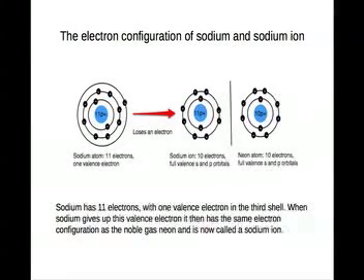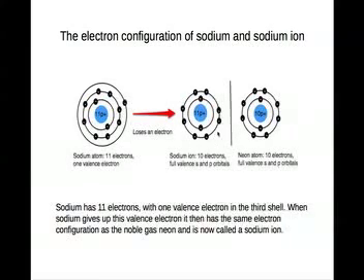So instead of gaining a bunch of electrons, sodium will give up its 1 valence electron. Now the next lower shell is the valence shell, and it has 8 electrons.